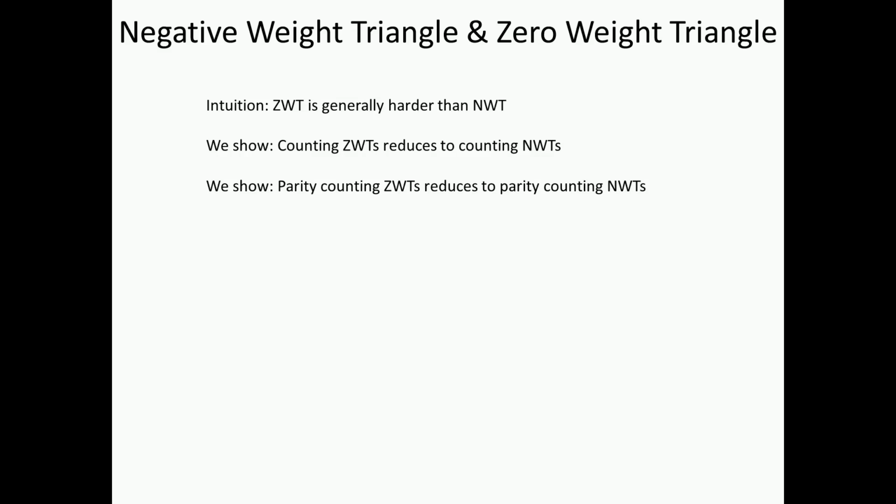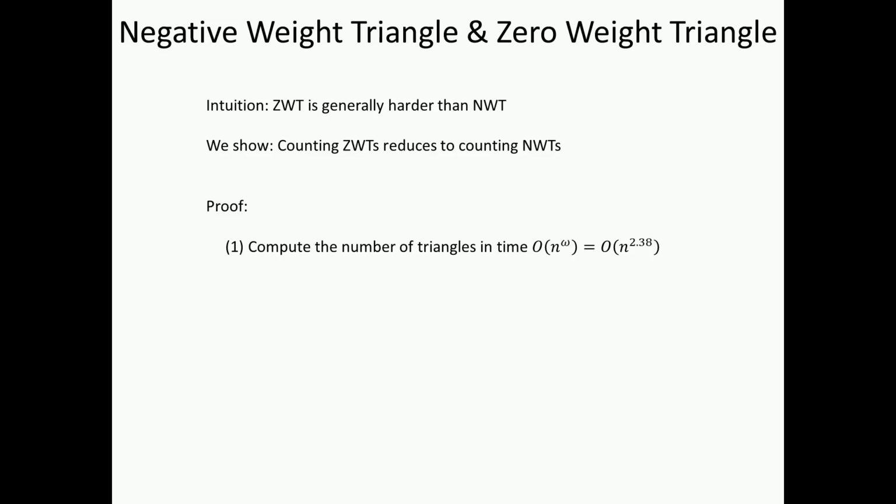But here we show that counting zero-weight triangles reduces to counting negative weight triangles, and also that parity counting zero-weight triangles reduces to parity counting negative weight triangles. We now prove the first claim. The proof of the second claim is similar, and the proof is actually very simple.